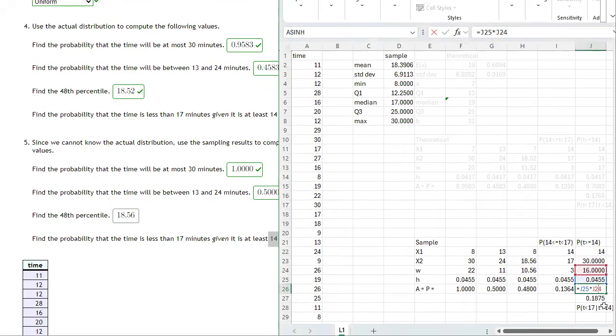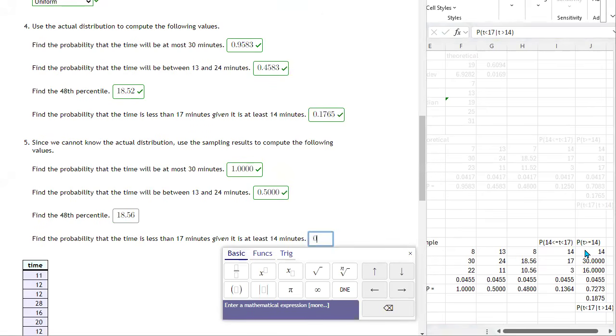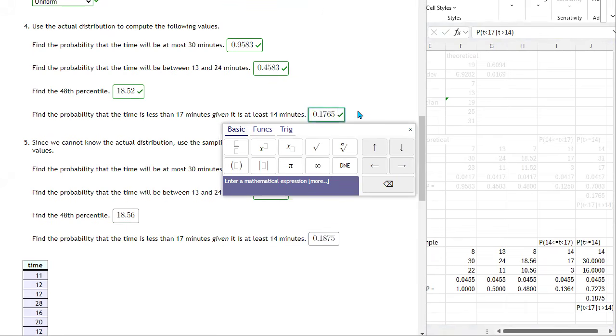That probability or area is the product of those two. The conditional probability is this probability divided by that probability, and we get 0.1875. That value is really close to this value.